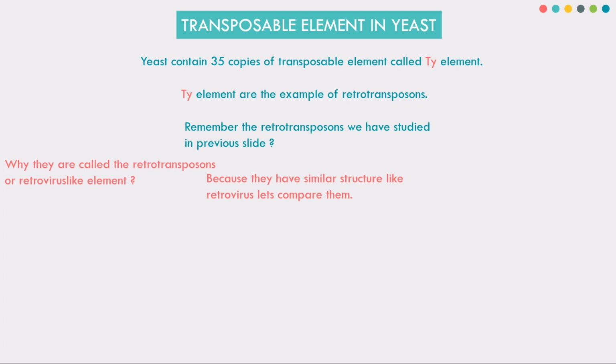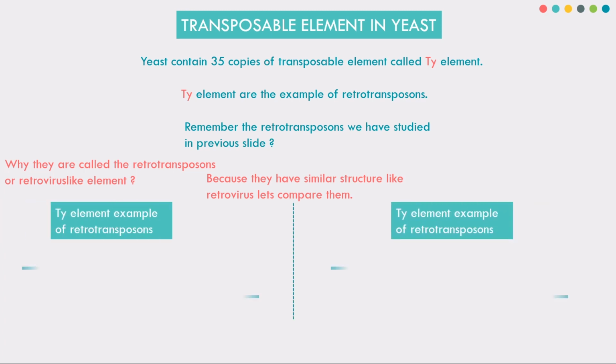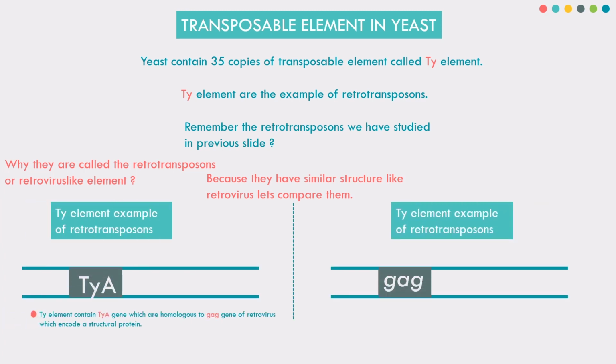The Ty element contains the TyA gene, which is homologous to the GAG gene of retrovirus, which encodes a structural protein. The Ty element also contains the TyB gene, which is homologous to the Pol gene of retrovirus, which encodes reverse transcriptase, necessary for retrotransposons.